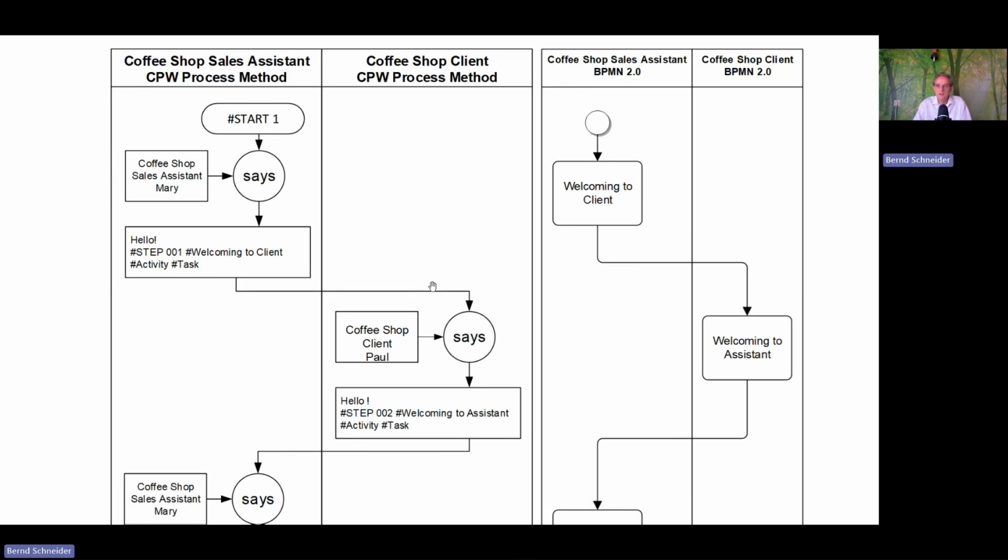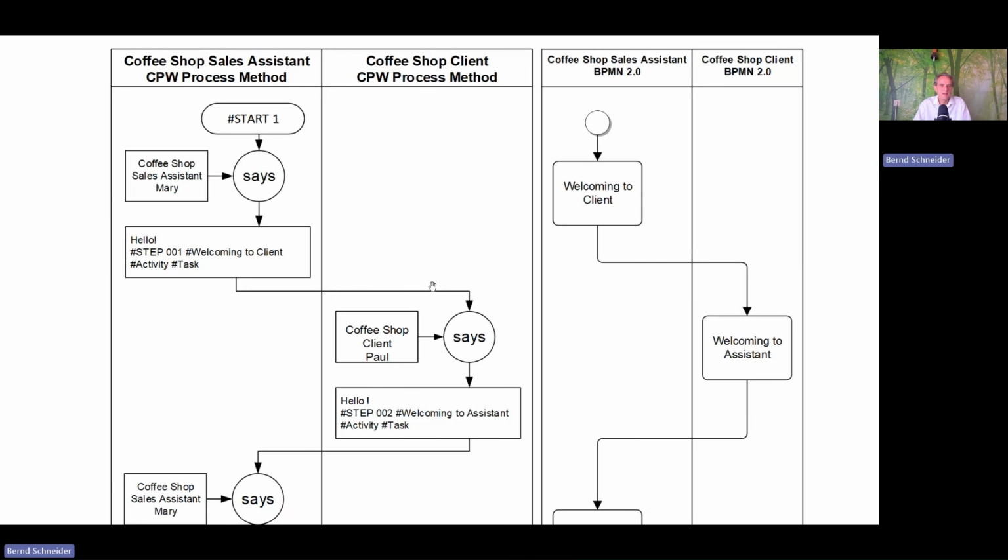So we start with the CPW subject is coffee shop sales assistant. And in addition, we have a concrete name, it's Mary. And then we have the CPW predicate says, and then we have the CPW object with hello. What we see also, Mary says hello.